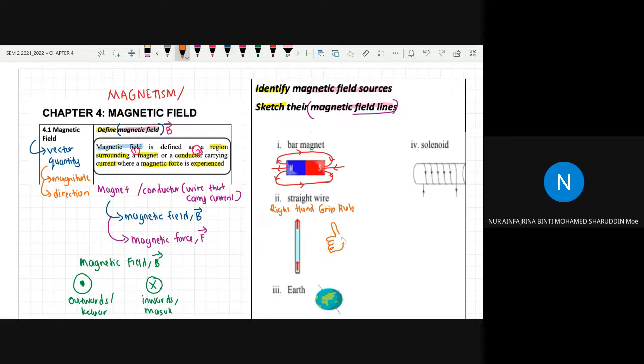So your thumb akan tunjuk direction of current, whereas your fingers akan tunjuk direction of magnetic field.